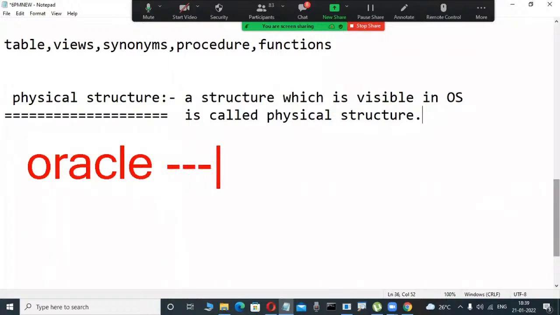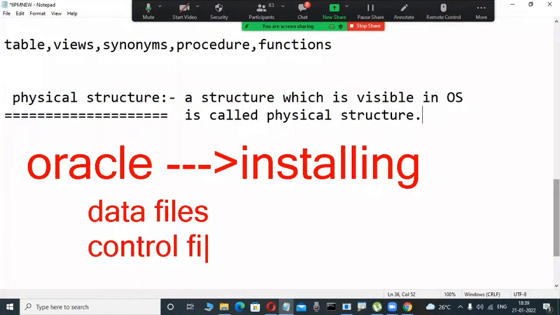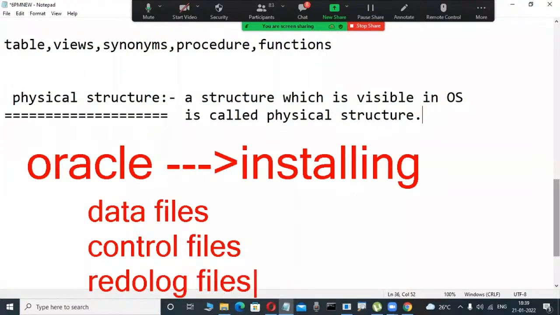Whenever I install Oracle, some physical files are automatically created: data files (.dbf files), control files, and redo log files. You don't have an idea about these now; it is a DBA concept in future, and I'm only giving a rough introduction in our course.